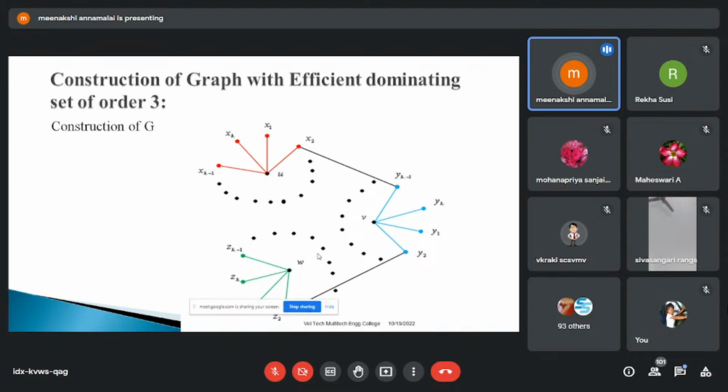So for that reason, E minimum, I am setting another edge set: E minimum is equal to u xi, v yj, w zk. In the previous one I mentioned only xi yj zk.